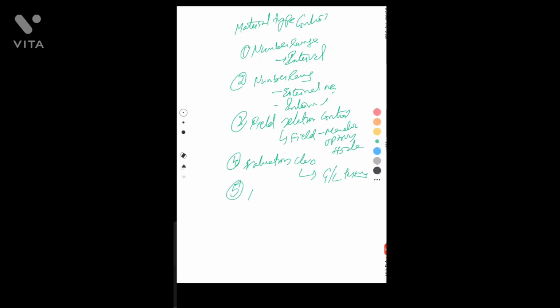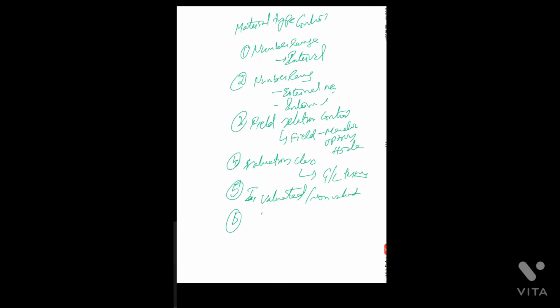The fifth one is inventory or non-inventory, valuated or non-valuated stock. And the sixth one is external procurement or internal procurement, whether it is an internally produced product or an externally procured material.